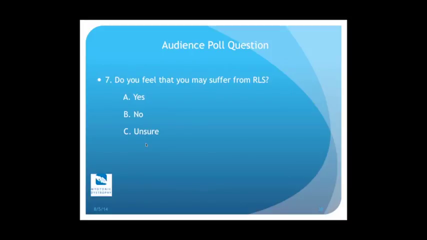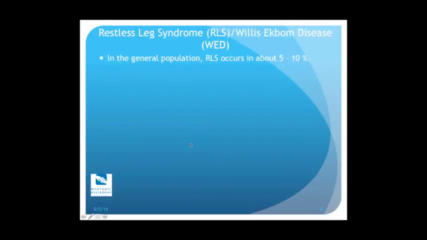Interesting. So in the patients that I've seen with restless legs, I really haven't encountered this. And so I was actually a bit skeptical of the data reporting this. But it has been replicated to some extent, so I have to believe it. In the general population, restless legs occurs in maybe 5 to 10%.